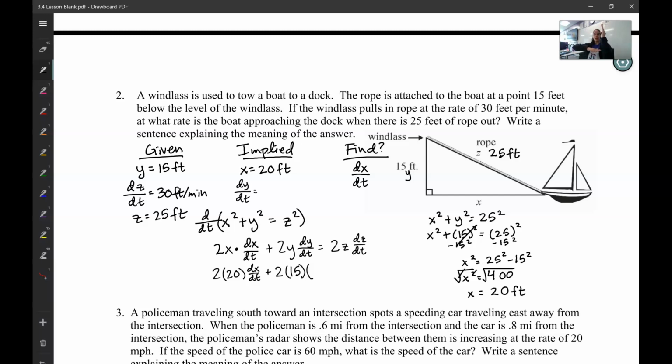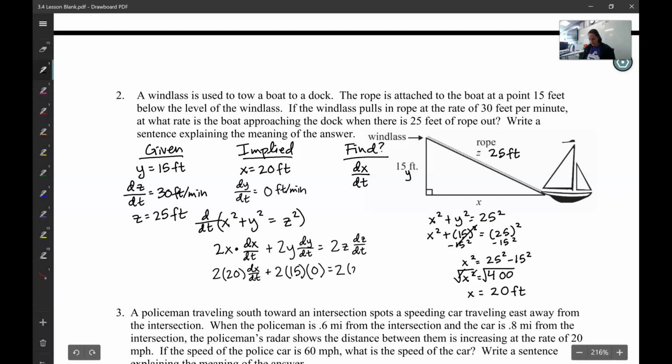They have a speed, a velocity, changing at some rate. This right here is not changing. It's staying the same the entire time, which means its velocity, its derivative, is 0 feet per minute. It's not moving. So you'll see in these story problems, there's a lot of logic applied to this stuff. So dy/dt is 0.